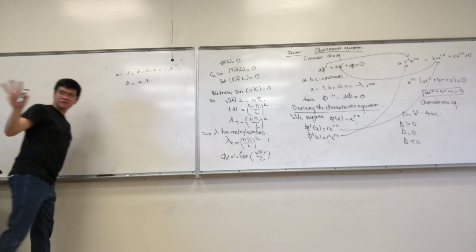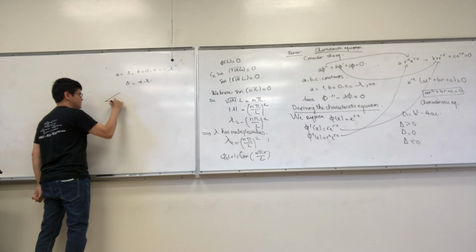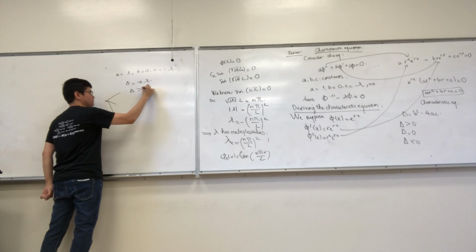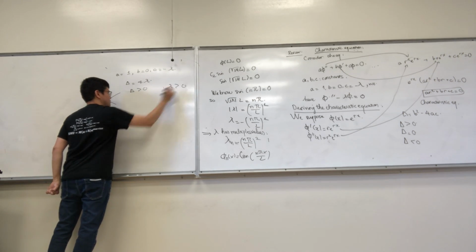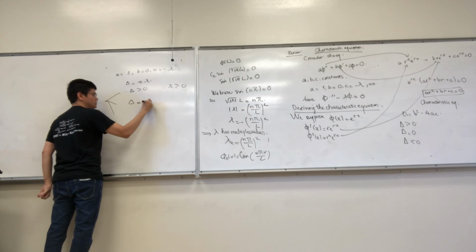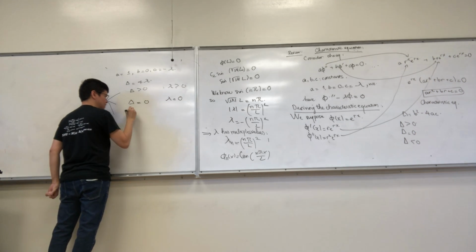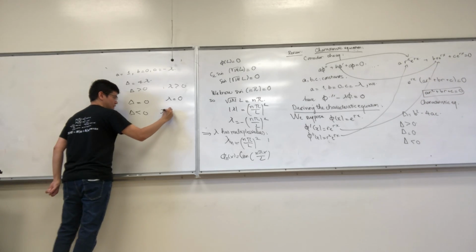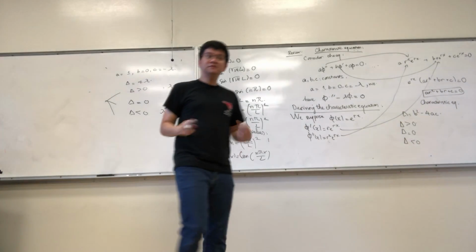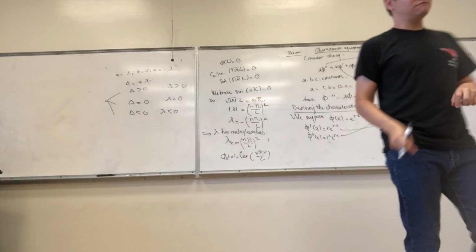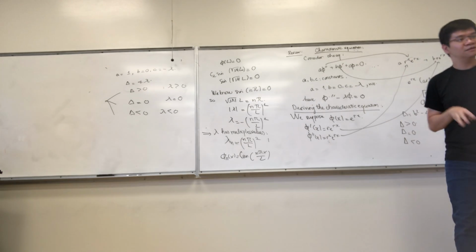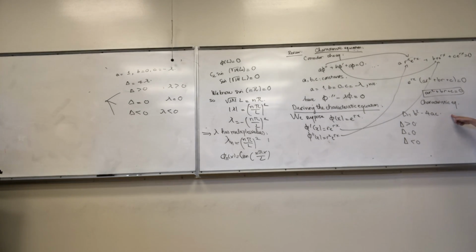And then we have 3 cases. Delta is positive, this is lambda greater than 0. Delta is 0, this is lambda is 0. Delta is negative, this is lambda negative. This is why in the previous eigenvalue problem we have to consider 3 cases, because the characteristic equation has different roots in the 3 cases.